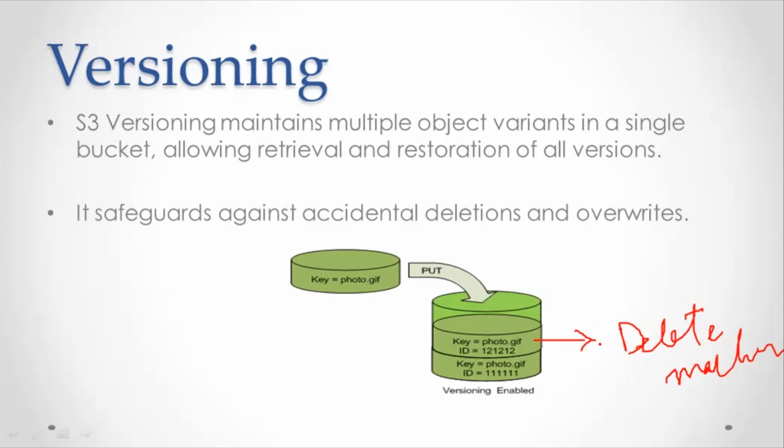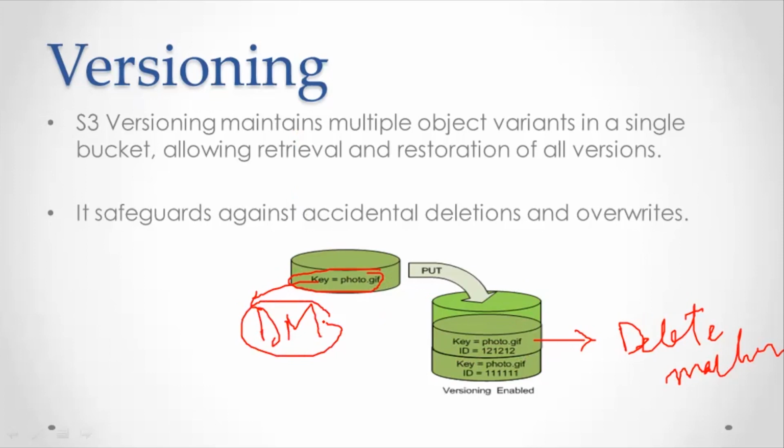So if you accidentally delete this photo.gif object and versioning is enabled, it will not delete it per se. What it'll do is create a new version of it with the same name and a delete marker placed in front of it.